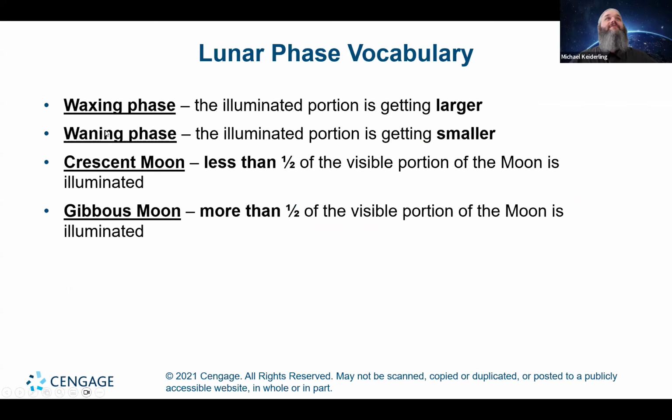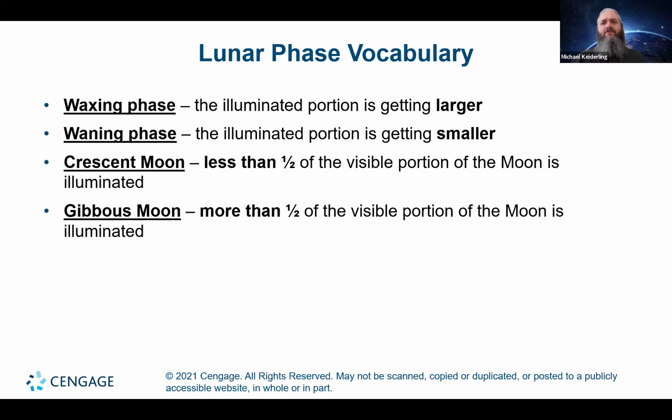Now, the lunar phase vocabulary: the waxing phase is when the illuminated portion is getting larger. This is from the new moon to the full moon. The waning phase is when the illuminated portion is getting smaller. Crescent moon is when less than half of the visible portion of the moon is illuminated. A gibbous moon is when more than half of the visible portion of the moon is illuminated.